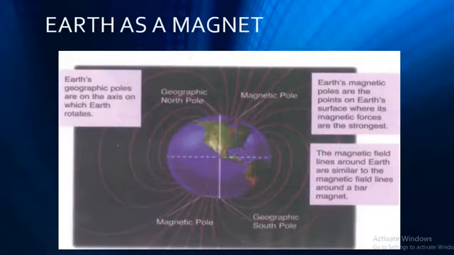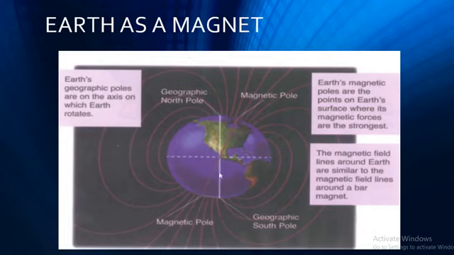Also, we have Earth as a magnet. We have geographic poles, and we have magnetic poles. The geographic poles are like a straight line, okay? The Earth rotates around it, but the magnetic one has a slope like this.